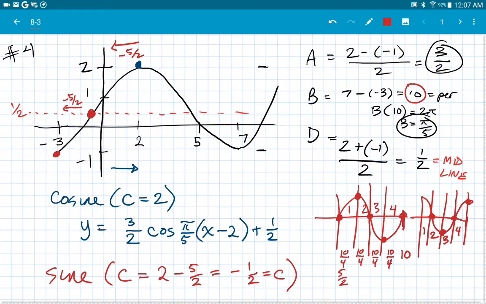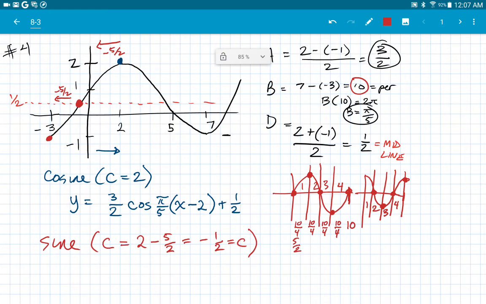So our c value will be negative half. Okay? Now that we have the c value, negative half, you can see normally a sine graph would be right here. And if we go back negative half, we'll be right here. And now we have our new sine graph like that. So we can go ahead and put that into our equation. Y equals, it's an upright sine graph, so our a value will still stay positive.